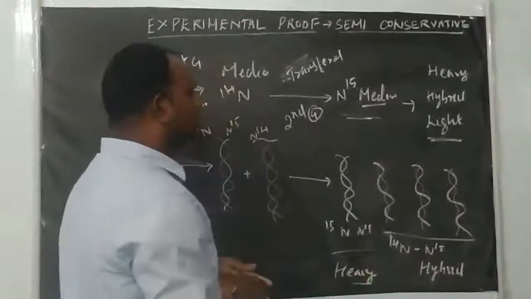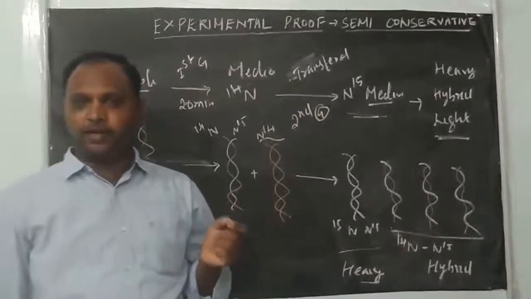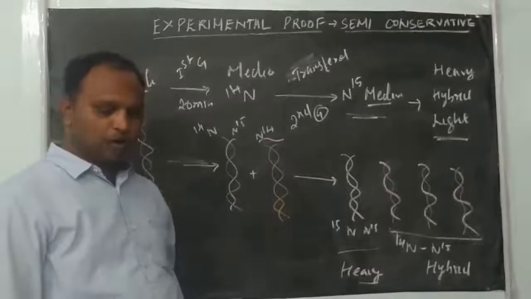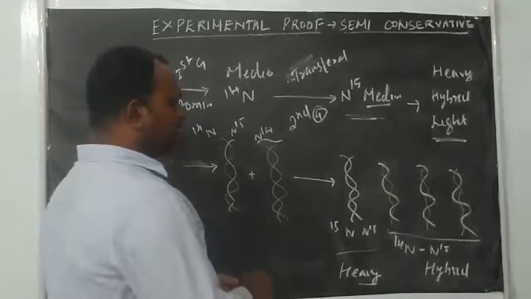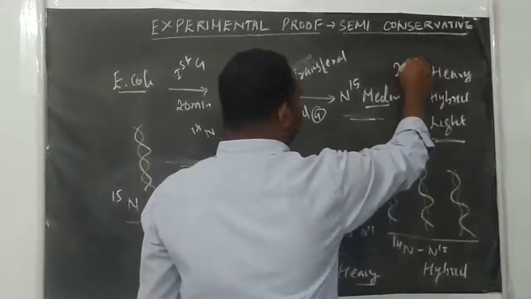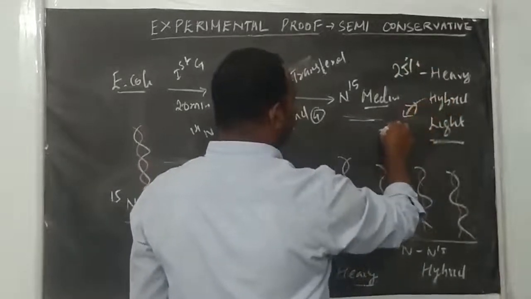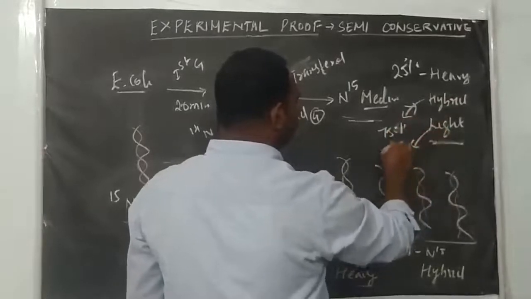What is the question asking? After the second generation, what is the proportion of light, heavy and hybrid DNA? Out of 4 molecules, what percentage is heavy? Heavy is 25%. Hybrid is 75%. Light is 0%.